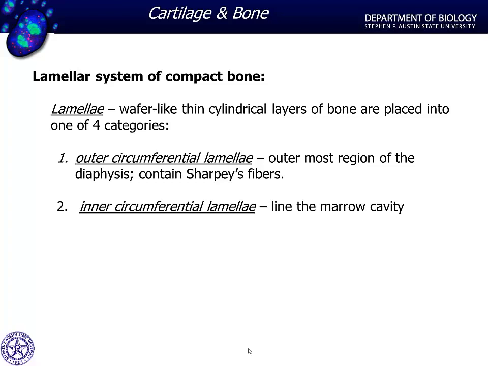And as we're moving in from our periosteum, we're going to see that we have an outer circumferential lamellae, and this, again, is the outermost region. Sharpey's fibers are going to be attached here. And then adjacent to the marrow cavity, we're going to have an inner circumferential lamellae.